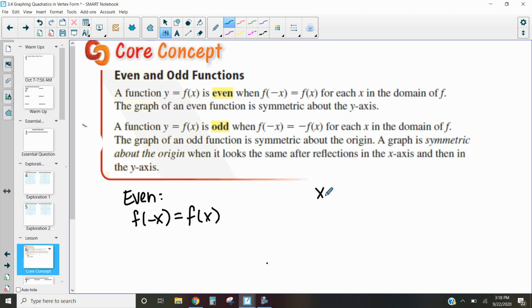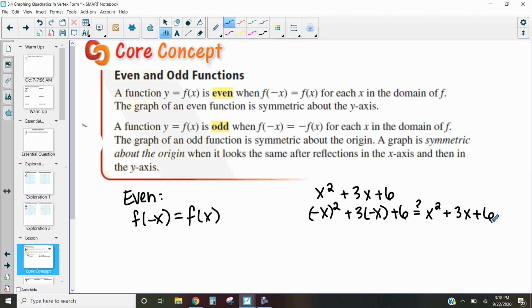So if I had something like x squared plus 3x plus 6, and I put a negative x in there, and my whole thing ends up equaling the exact same thing that I had before, so if this ends up equaling x squared plus 3x plus 6, then it's an even function.